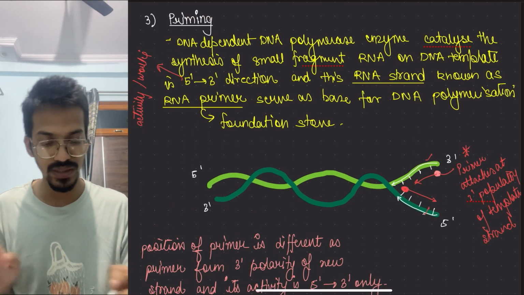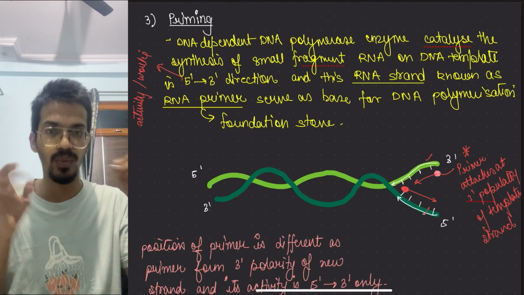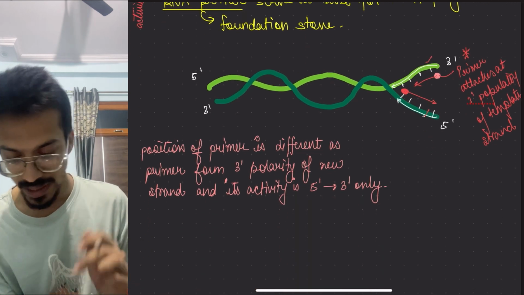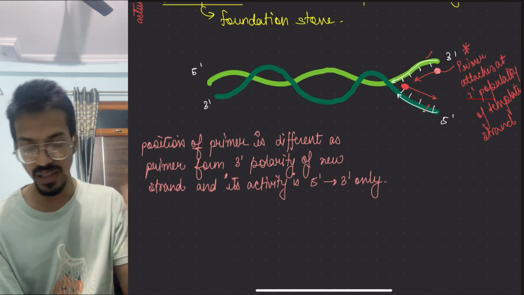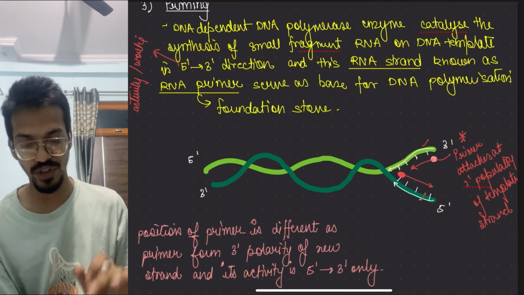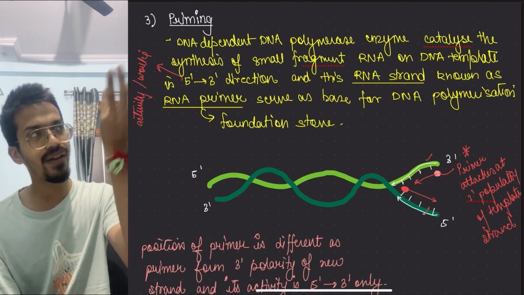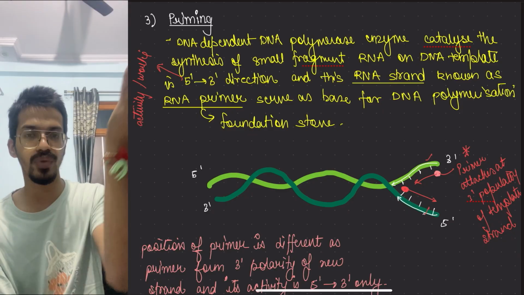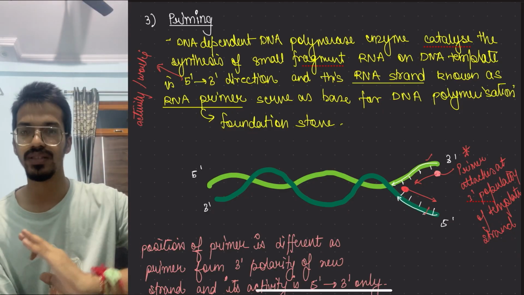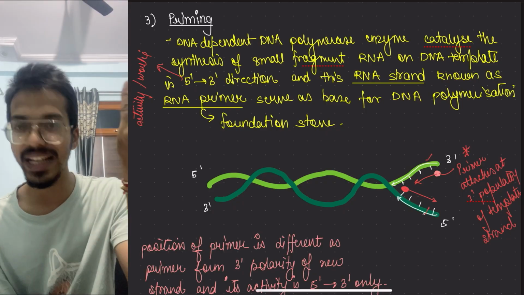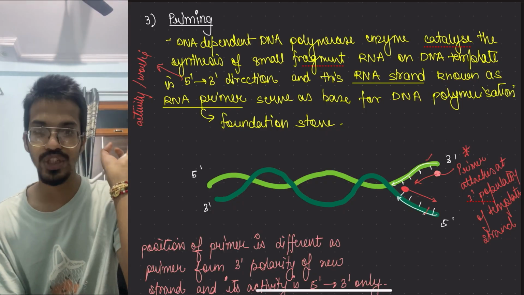Now the major question is why I put one primer here and one primer here. The reason was it goes and joins to the 3' of the individual template. So one template is the other, but the activity is 5' to 3'. This is what the primer topic is. So the primer is the foundation stone we have laid. Once that foundation stone is laid, it will start the process. Where will it be laid? At the 3' of the template. So it will find the 3' and go and attach to it.